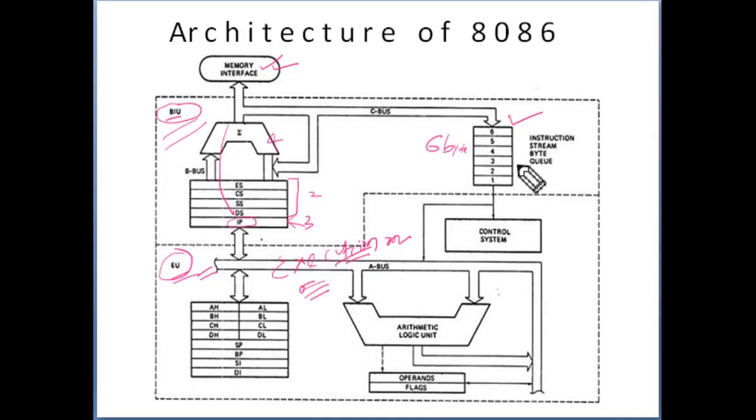That means two operations at the same time: fetching an instruction and executing. Due to two works running at the same time, the processor works faster than the 8085. Okay, so this is the work of the instruction queue.